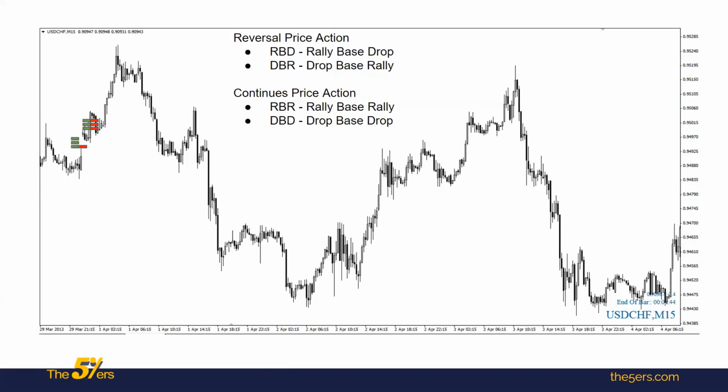Rally, base, so we have a balanced amount of buyers and sellers. Then price is going up. What do you think the pattern will be? More buyers than sellers, more buying orders than selling orders. Price will then base, so we have an equal amount of buyers and sellers. Now, when we see price dropping, we will see more sellers than buyers.